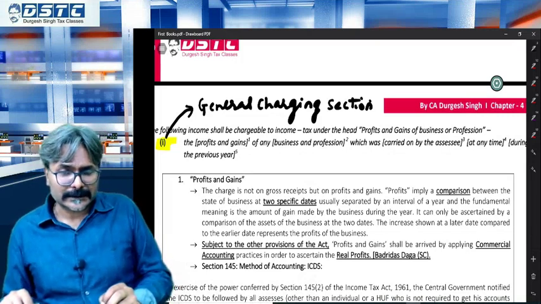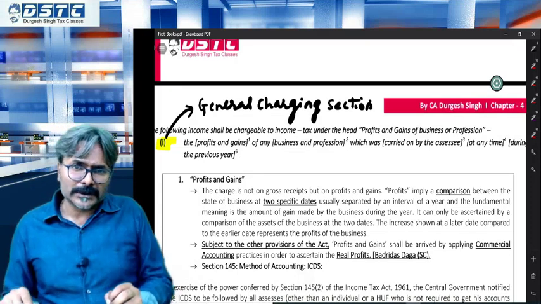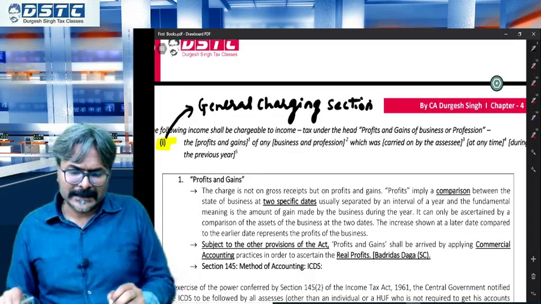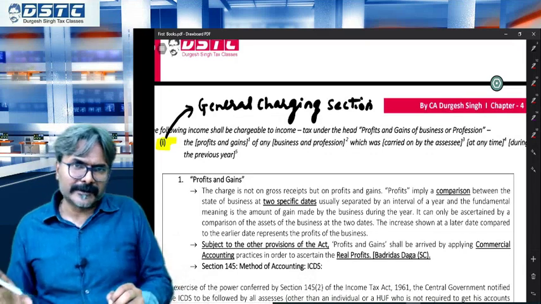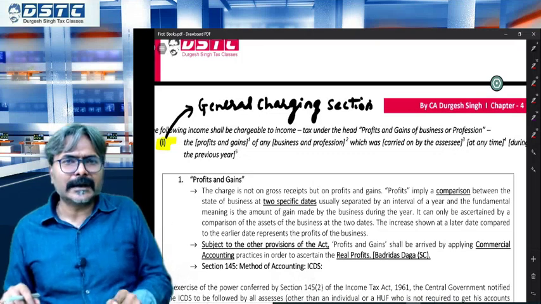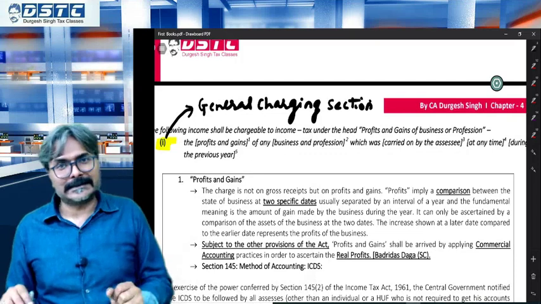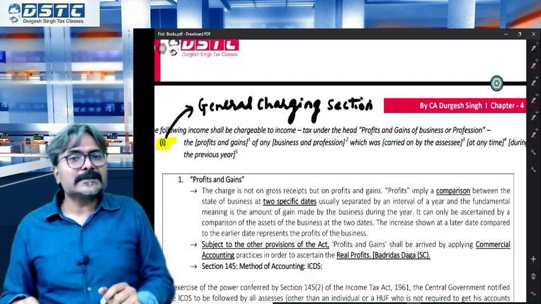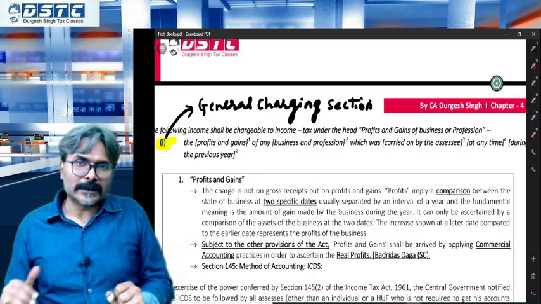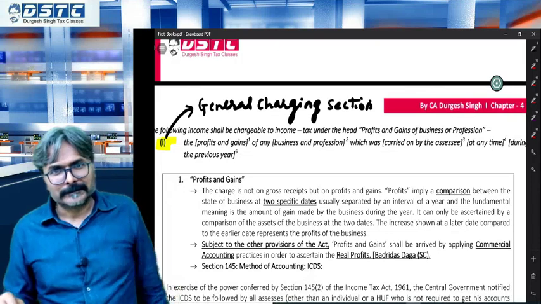In this context, the charge under the head PGBP is on what? Profit and gains. Now what is this profit and gains? This is what we need to think about.